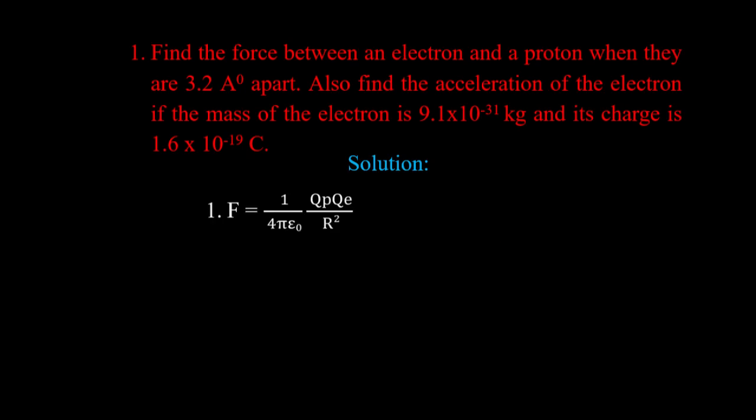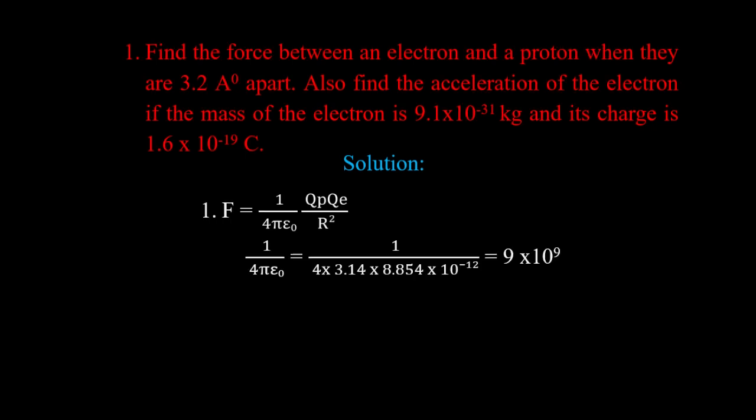Next, we move on to the solution of the problem. We use F is equal to 1 by 4 pi epsilon naught qp qe by r square, and we substitute the values of qp, qe and r. As far as epsilon naught is considered, we have a very useful result: the value of 1 by 4 pi epsilon naught is 9 into 10 power 9.